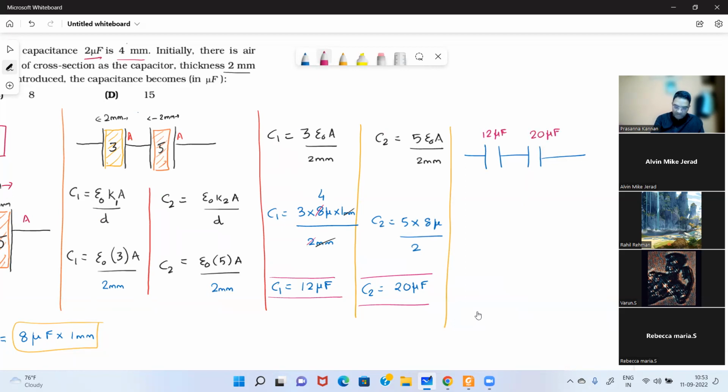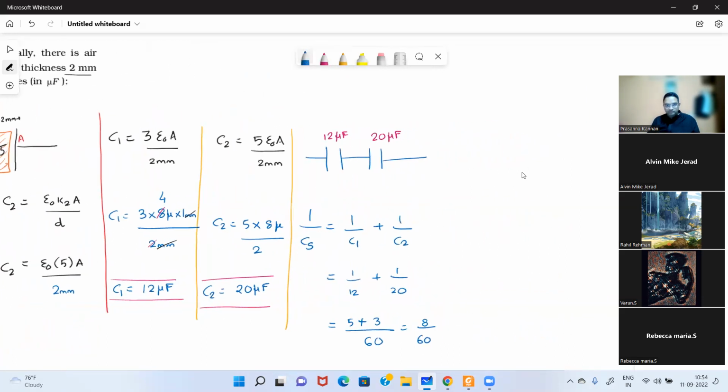So how do you find the equivalent capacitance? 1 by CS is equal to 1 by C1 plus 1 by C2. So it will be 1 by 12 plus 1 by 20. 60 is the LCM, so this will be 5 and this will be 3. So it is 8 divided by 60. Correct? Yes, sir.